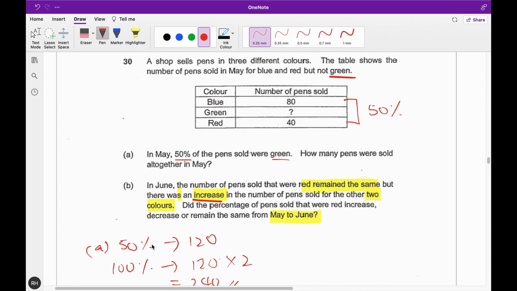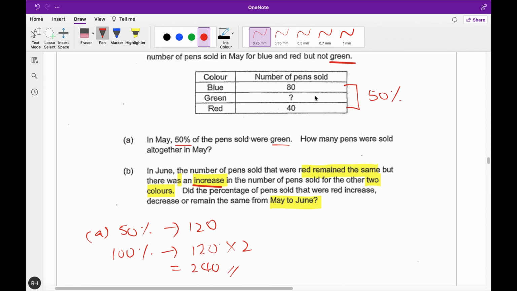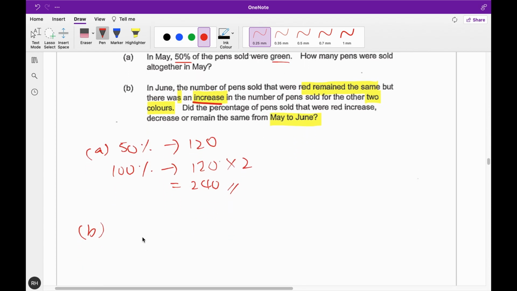So let's say green, we have 120, right? So let's say red remain the same, means in May it is 40 out of 240. Okay, so let's say this is in May. So let's say in June, the number of red pens sold is the same. However, the denominator increased, right?